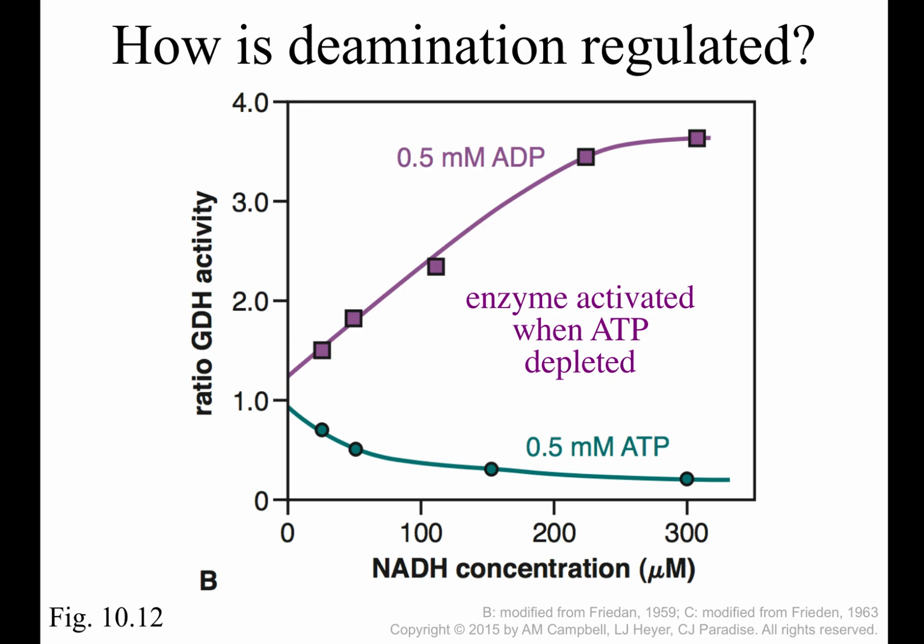So it's not that you have 3 depots of energy and you completely get rid of one before you go down to the next. You're going to use all of them at the same time. Different organisms have different priorities in terms of what they're going to tap first versus second. In general, carbohydrates are tapped first, but it depends on the organism.